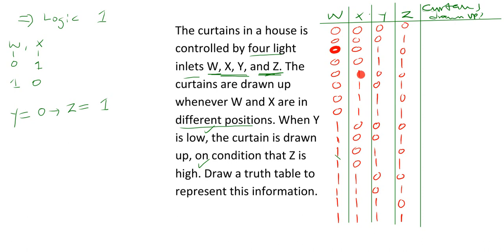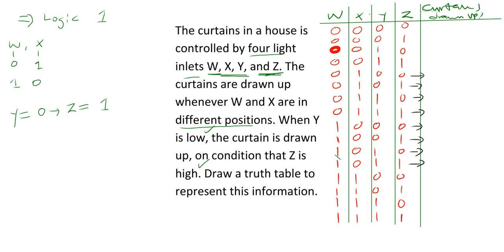So at this row, this one, this one, also this one, and this and this. At those points, W and X are in different positions.